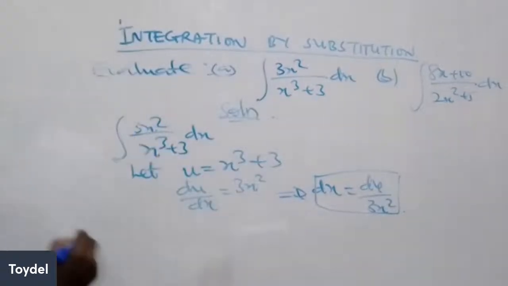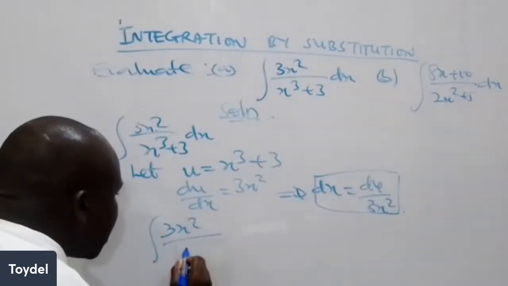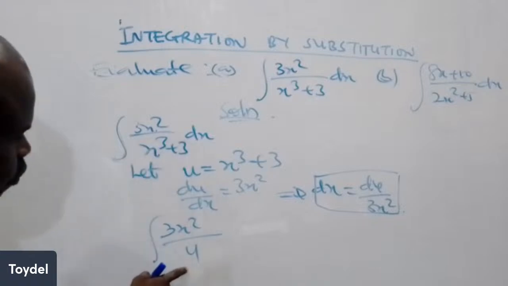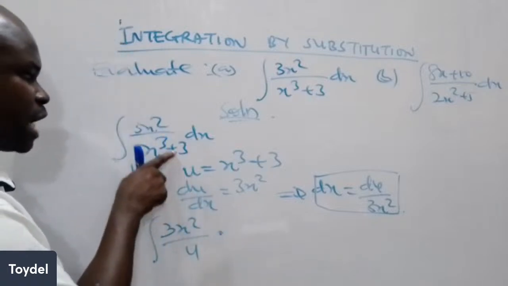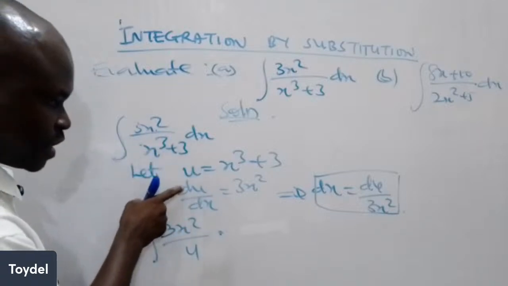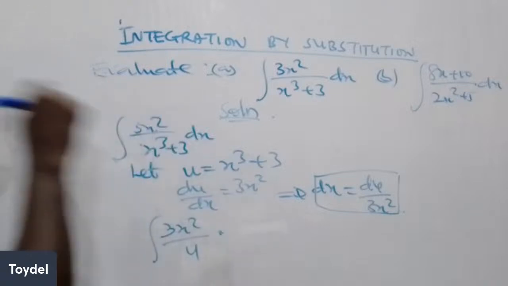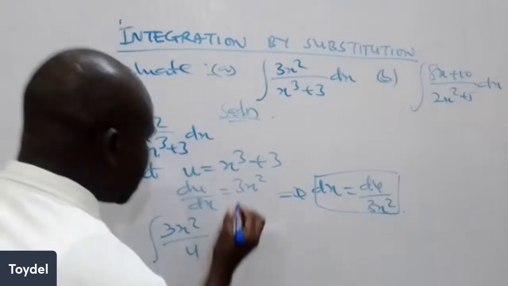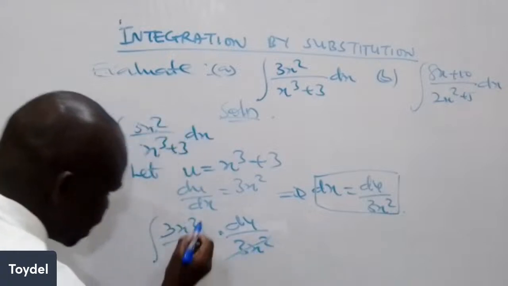So I'll come back to this question and substitute the value. I have the integral of 3x squared all over u, where I've represented everything at the denominator as u. Then multiply by, instead of dx, du all over 3x squared, since I differentiated and made dx the subject of the formula. You realize that this will cancel this.